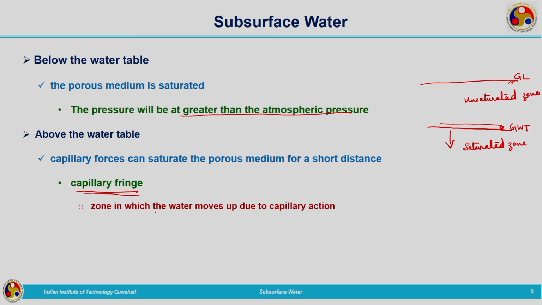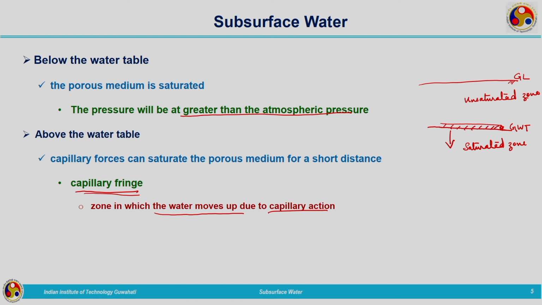It is for a very small region, and within that, even though it is in the unsaturated region and the water is rising due to capillary action, the pressure is considered as negative because it is against the gravity. Zone in which water moves up due to capillary action, this is the capillary fringe which we are considering.